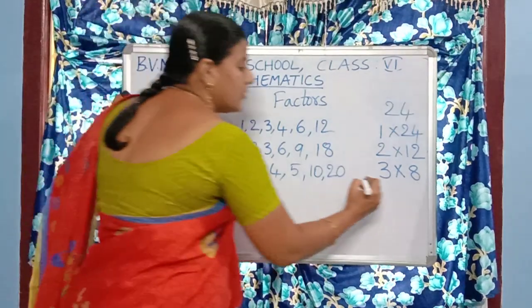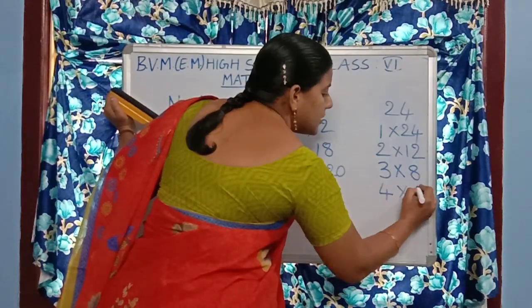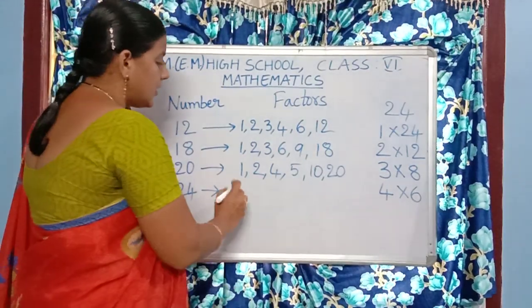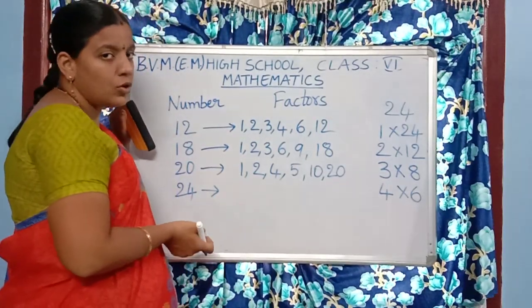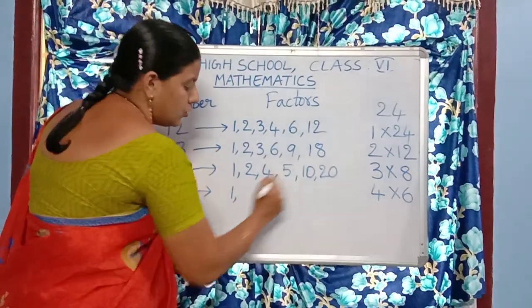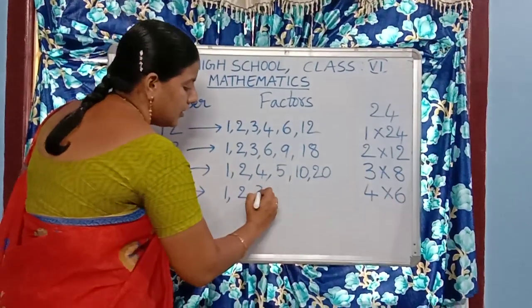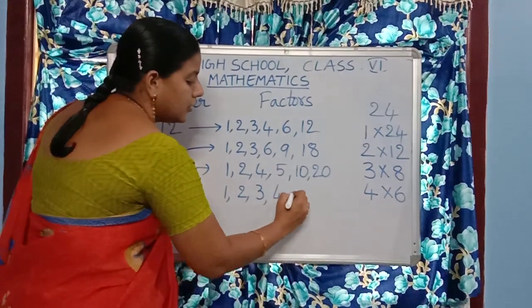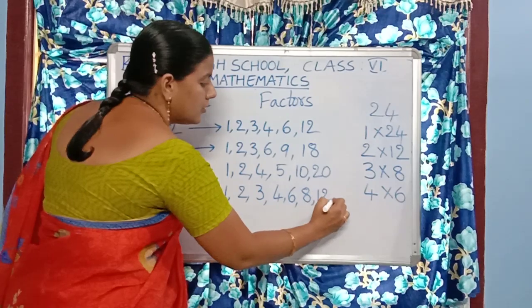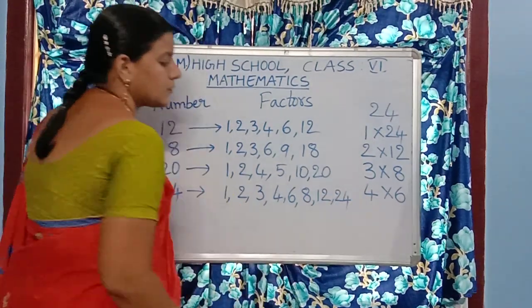Next, 4 sixes are 24. Okay. Is there any other factors? No. So, the factors are 1, 2, 3, 4, 6, 8, 12, 24.